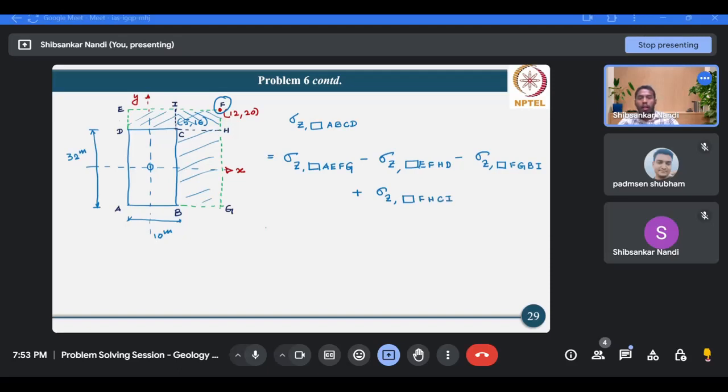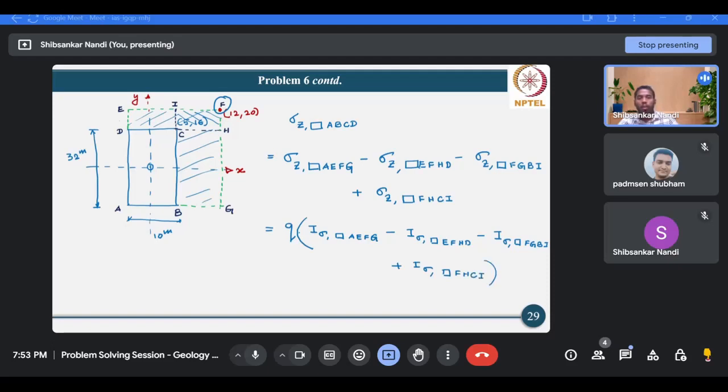Now you can write sigma z for rectangle AEFG by this formula: Q times I sigma for rectangle AEFG minus, Q you can take as common, I sigma for rectangle EFHD minus I sigma for rectangle FGBI plus I sigma for rectangle FH.